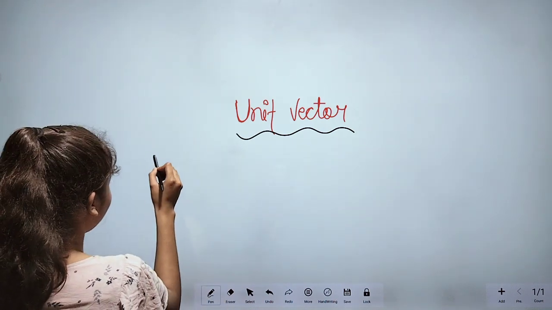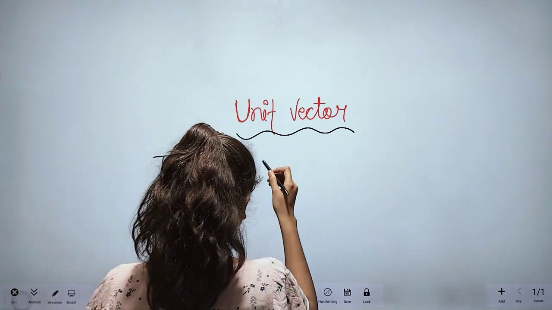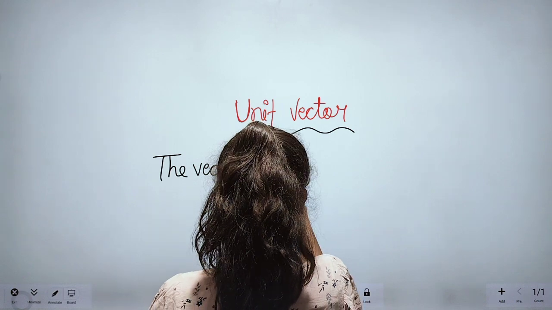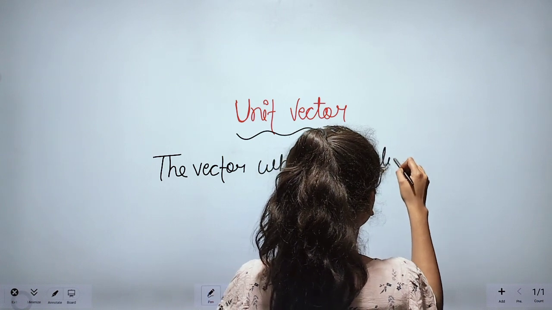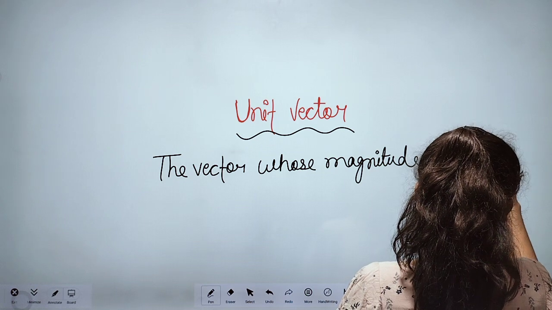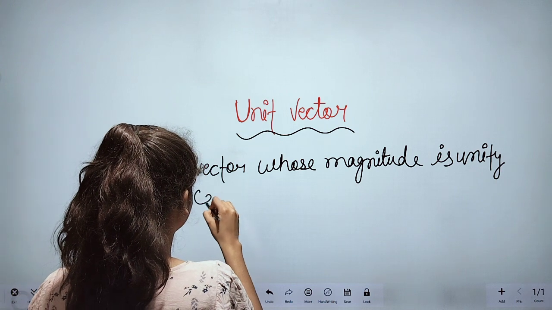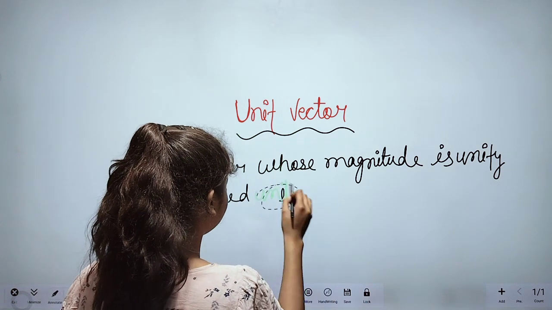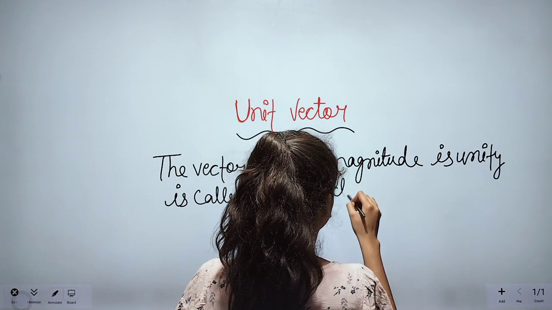Okay, so the vector whose magnitude is unity is called a unit vector.